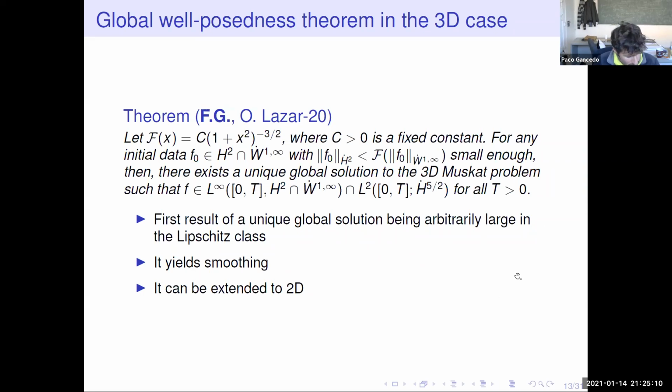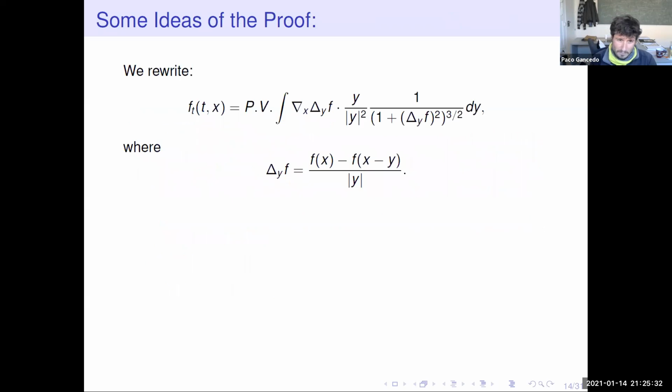Good. I'm not doing well with time, but somehow I would like to show you some ideas. This is a technical result, in which, because it's critical, you have to look for a lot of cancellations and commutators.